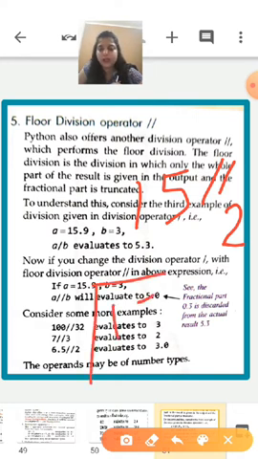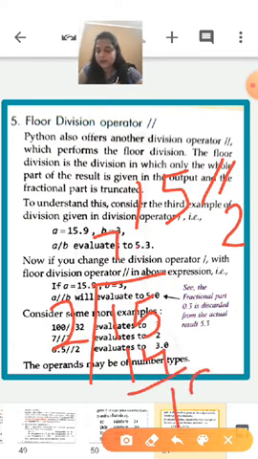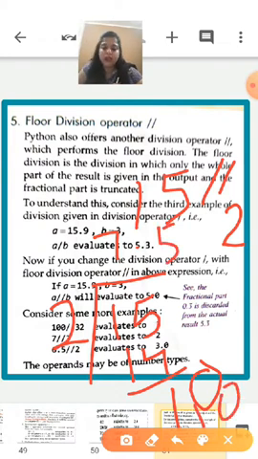So 15 divided by 2, see, 2 sevens are 14, you will get remainder 1. Now put a point here, you will get 0, so 5, 2 fives are 10. So in this way you will get remainder 0. So the answer will come 7.5.